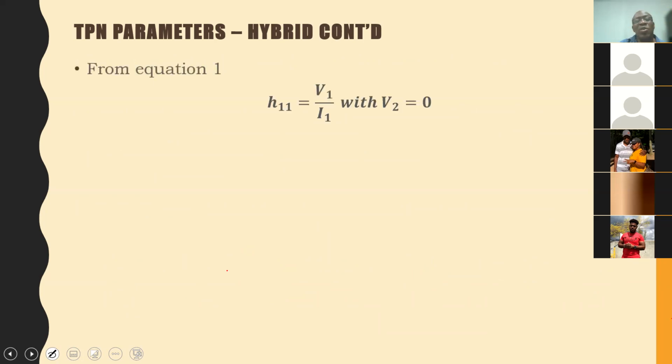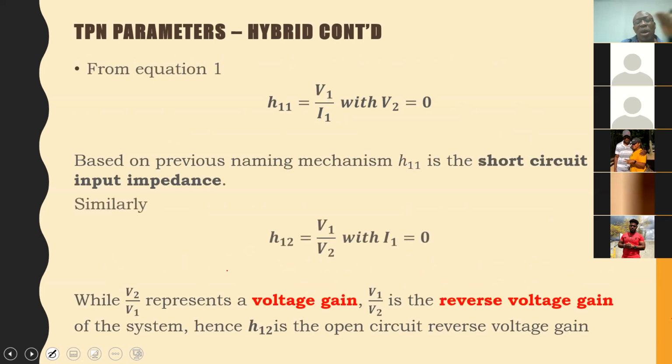Now, based on what we just said about H12, you now tell me what name would be applied to H21. So that would be I2 over I1, which would be the output current over the input current, and the short circuit voltage.